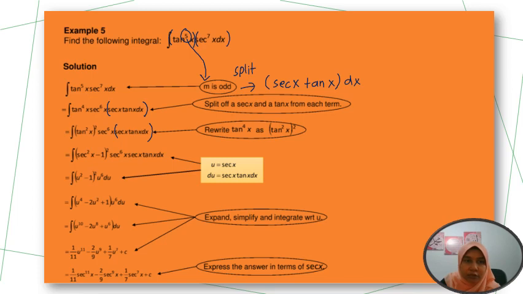Then you rewrite the tangent x square into secant square x minus 1. We use the trigonometric identity: tangent square x equal to secant square x minus 1.